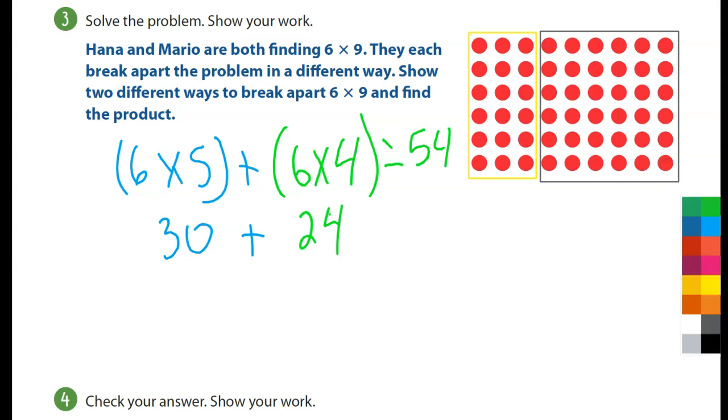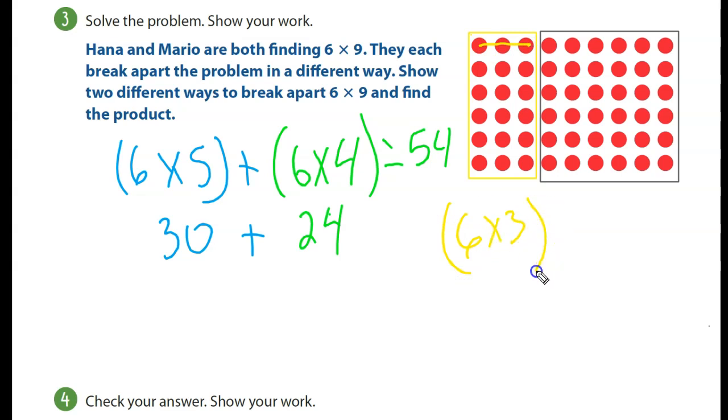So I still have 6 rows times, how many in each row right there? 3. Plus, I still again have 6 rows. How many in each row? 6.